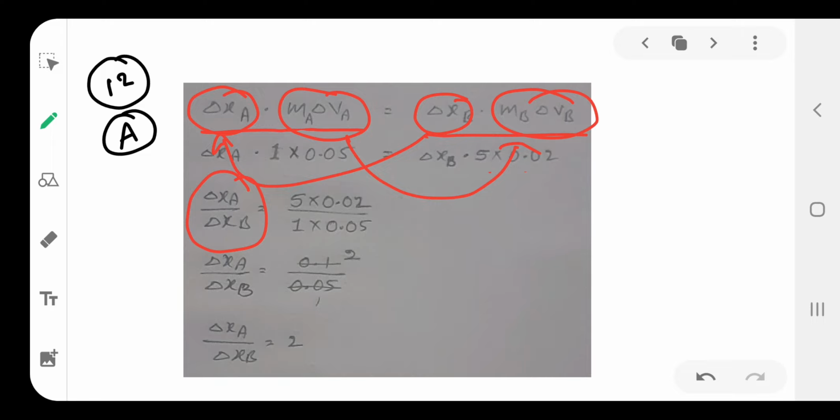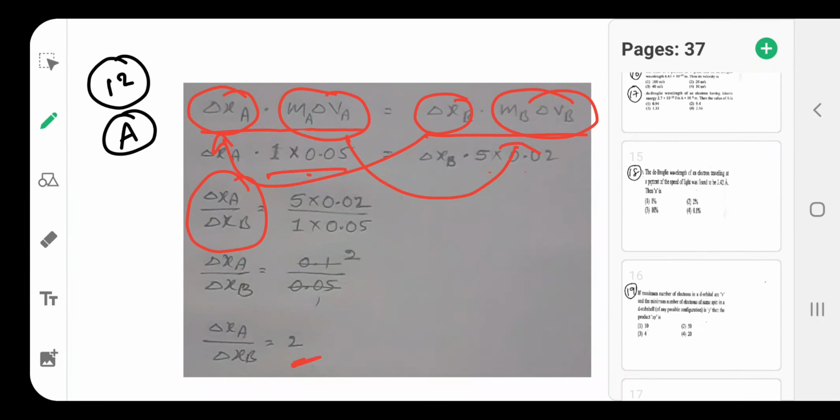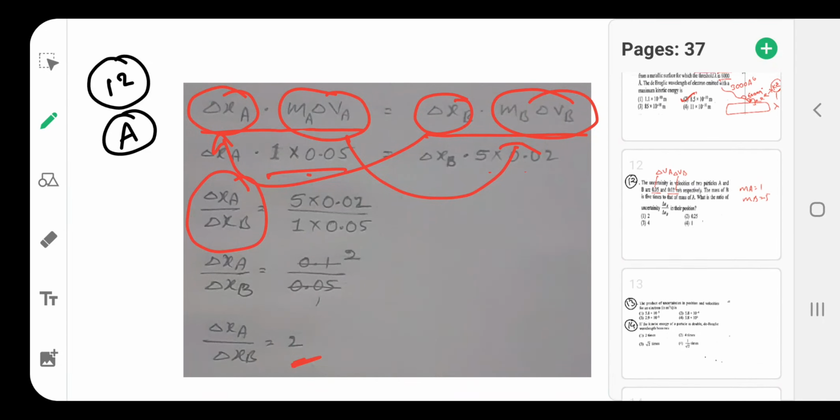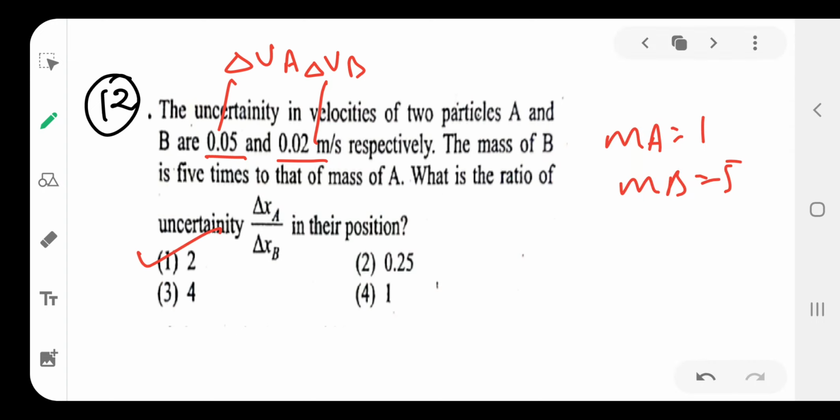Here MB delta VB means 5 into 0.02, divided by 1 into 0.05. The total is 0.1 divided by 0.05. So the ratio of delta XA divided by delta XB is 2. The option is 2.